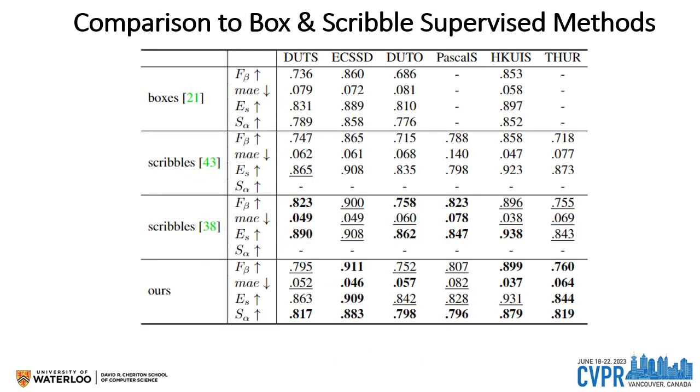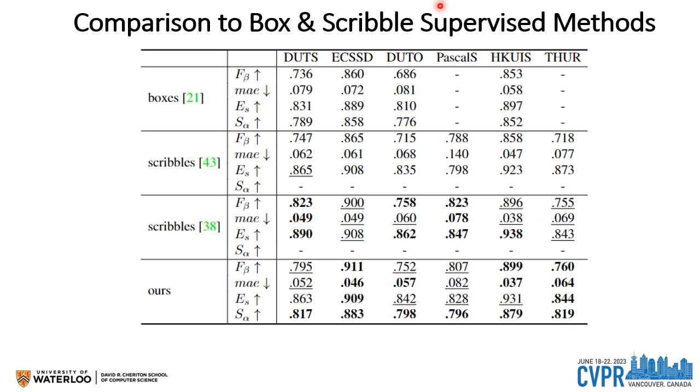We also compare our work to prior work which uses stronger forms of weak supervision. In particular, we compare to a method which uses boxes, another method that uses scribbles, and yet another method that also uses scribbles. Boxes and scribbles provide a much stronger form of weak supervision.